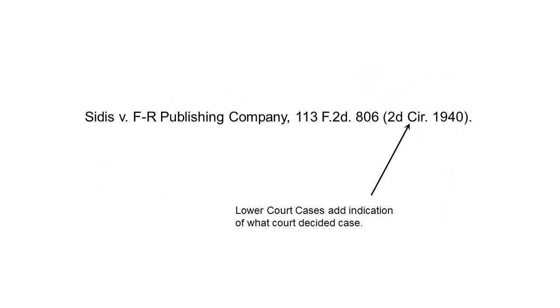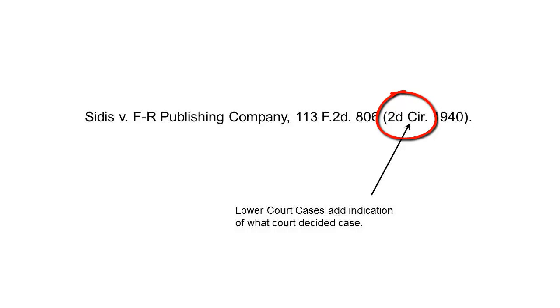However, here is a case that is not a Supreme Court case. This is a case in the Federal Reporter. You can see Federal Second Edition. And we know from the previous slide that these are appeals courts. And the thing that we add to the citation for these kinds of cases is, next to the date, we put an abbreviation for which court decided this.